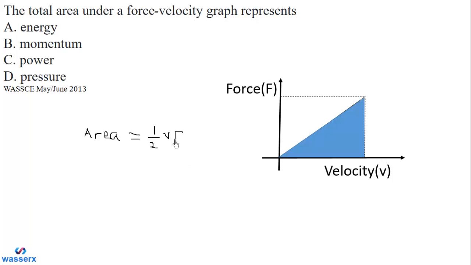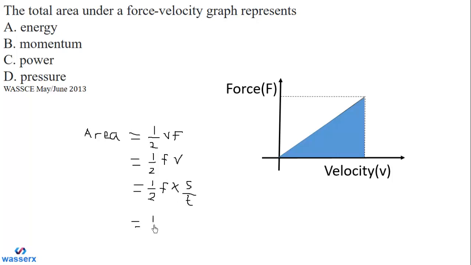The base is velocity and the height is force, so we get half V F. But multiplication is commutative, so we can rewrite this as half of F times V. Next, we substitute for the velocity to obtain F times displacement over time, because velocity is equal to displacement over time.